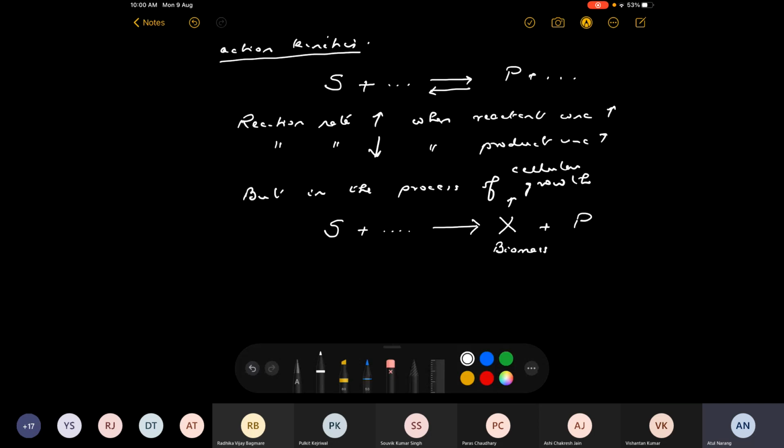And then it can even give you some products and so on. We'll flesh this out a little bit more. And let's say this takes place at a certain rate. Later on, we'll be using the notation mu to denote this reaction.